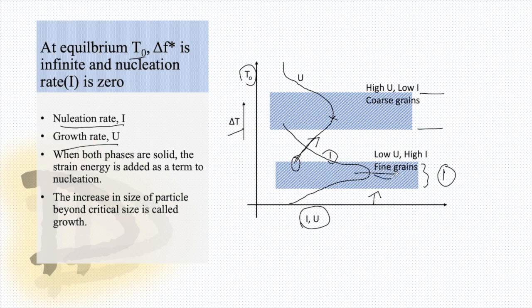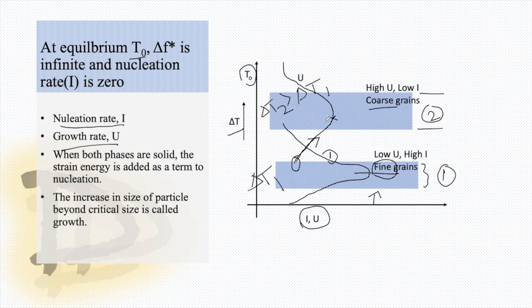So we finally get finer grains at this temperature difference 1, and in section 2 there is high growth but low nucleation, which tends to a coarser grain, and it occurs at temperature range 2, which is greater than temperature range 1.